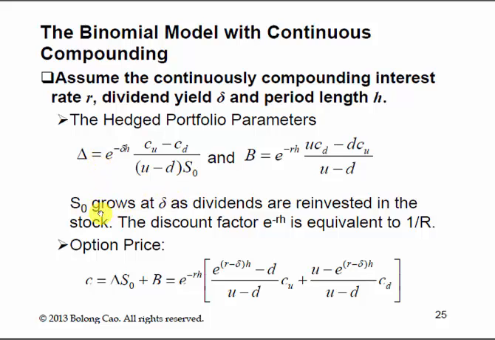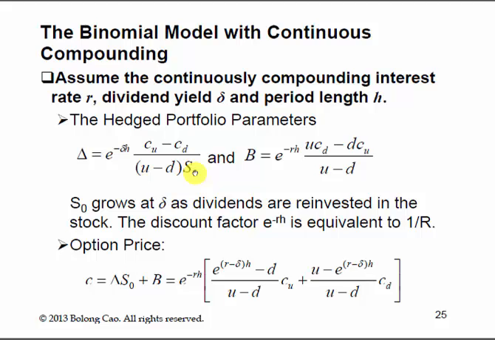We have said before, if you think about the underlying, the underlying actually grows at the dividend yield delta. Okay, and what we are assuming here is that the underlying actually gave you the delta dividend, and you reinvest in the same stock. So if you put this negative power into the denominator, it will become a positive power.